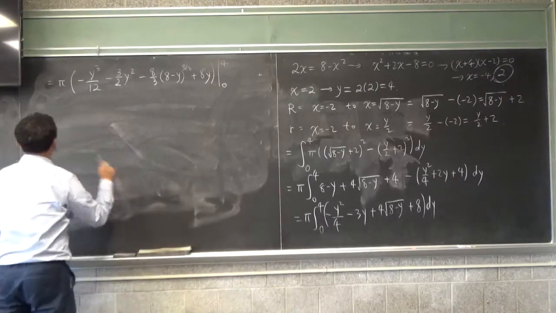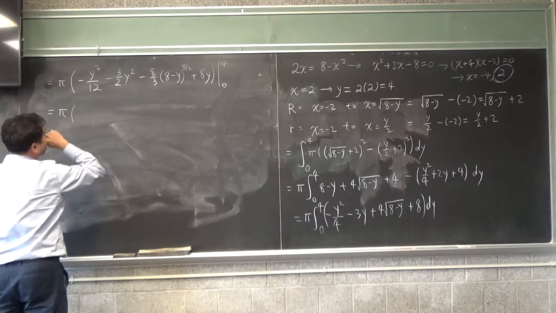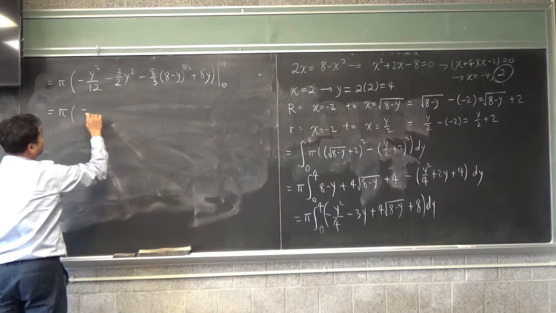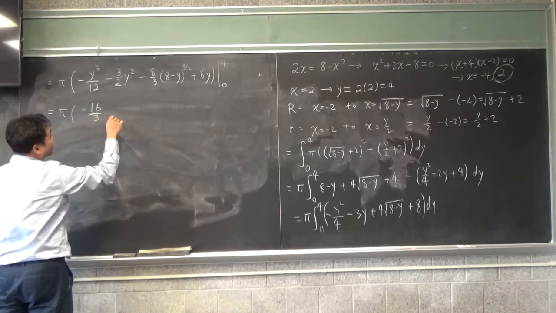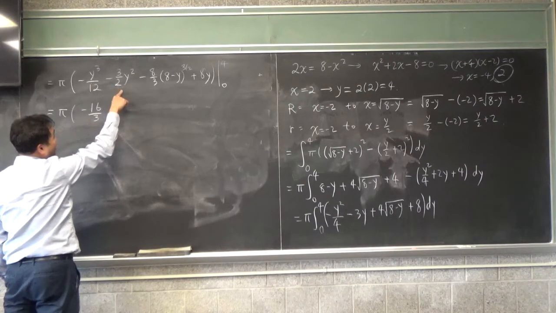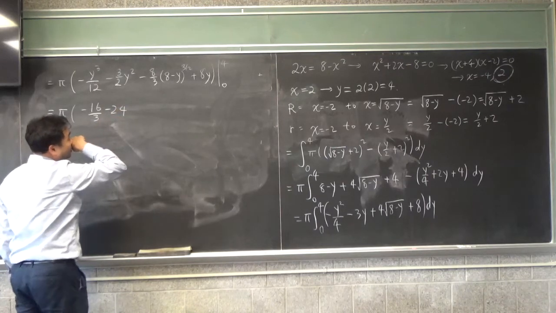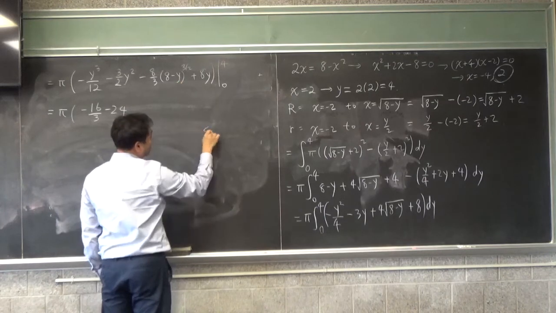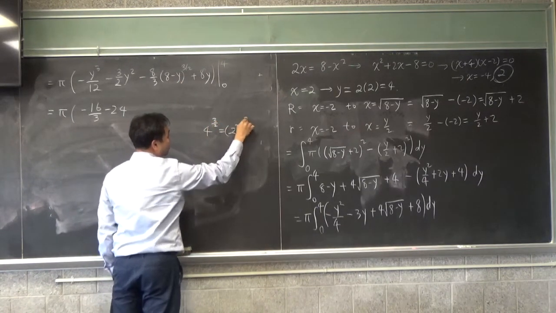Okay. So now what? 4 cubed is 64. Oh, but one of the 4's will cancel, so it'll be 16 over 3. 4 squared is 16. 16 divided by 2 would be 8. 8 times 3 is 24. 8 minus 4 would be 4. 4 to the 3 over 2 power is 2 squared to the 3 over 2 power.